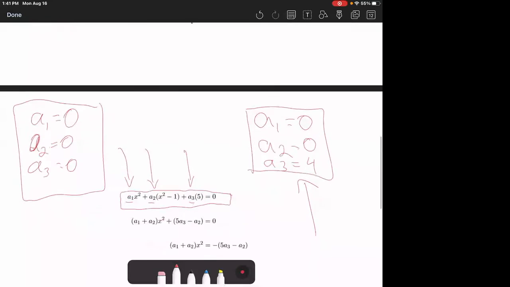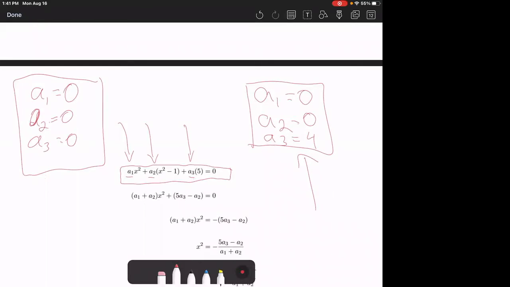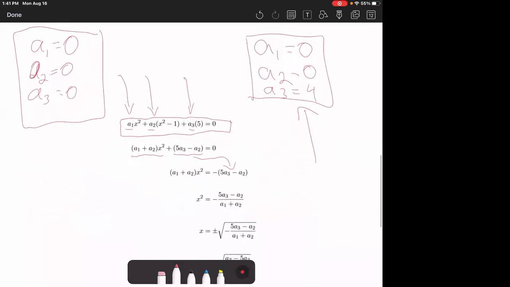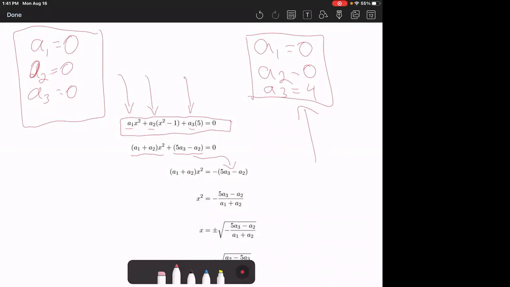So let's see what we can do here. Let's multiply through. So we have a1 plus a2 times x squared plus 5a3 minus a2. We'll shift this to the other side, subtracting from both sides, and then we'll divide by a1 plus a2. So we now have that x squared is equal to negative 5a3 minus a2 over a1 plus a2. Well, let's take the square root of both sides so we can try to solve for x.